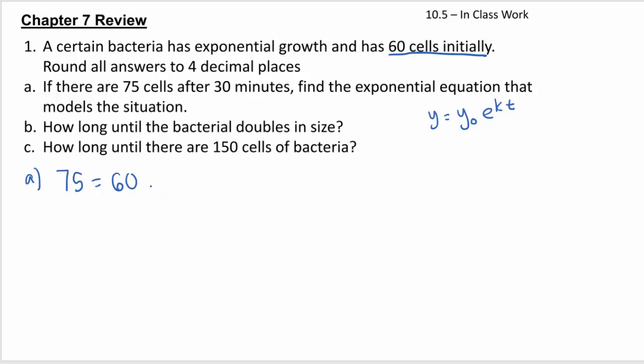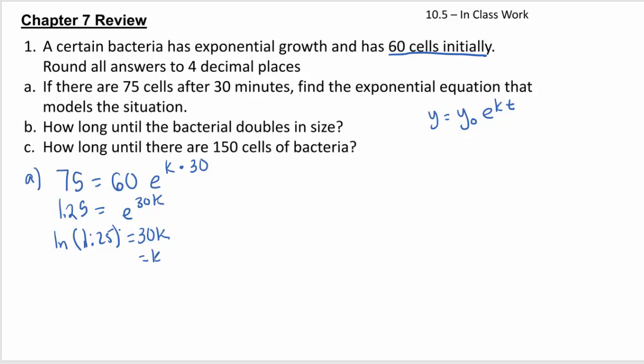So 75 equals 60 e to the k times 30. Okay, so I divide by 60 and I get 1.25 is equal to e to the 30k. ln of 1.25 is equal to 30k.